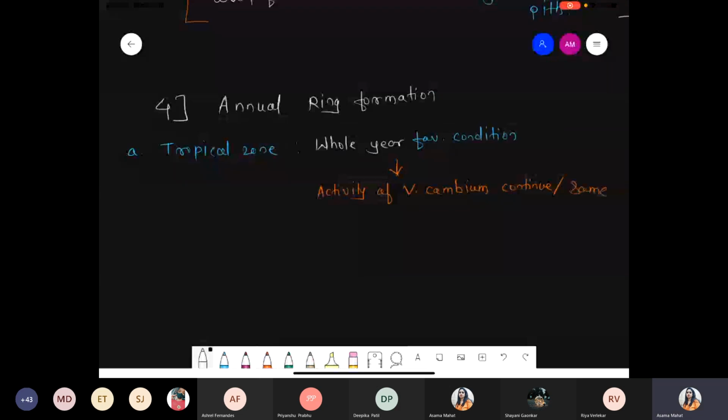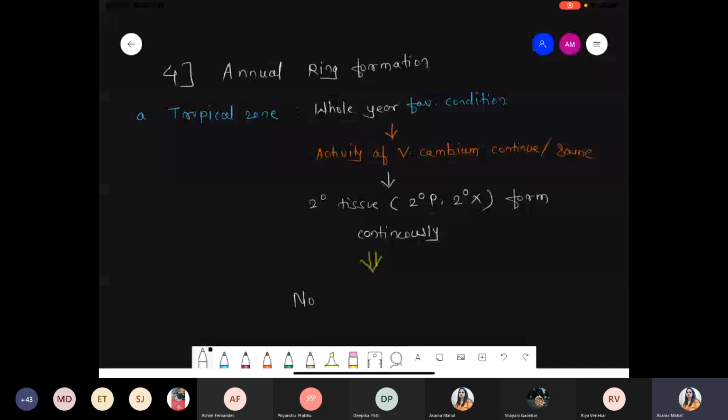And if they show the same, continuous activity, it means the secondary tissue formation rate is also continuous. Secondary tissue means secondary phloem as well as secondary xylem. So the secondary tissue also forms continuously. Okay? And if they form continuously, it means there is no formation of annual ring.